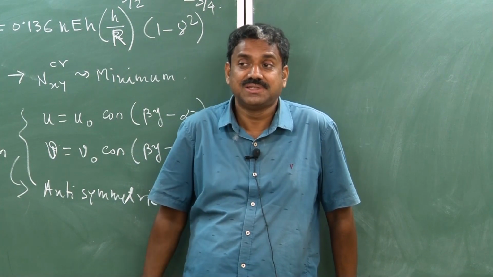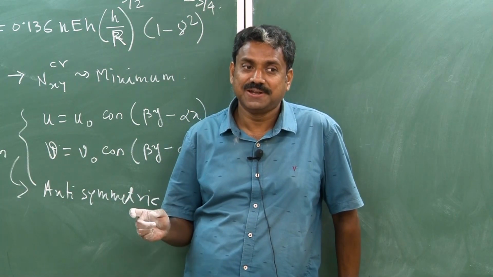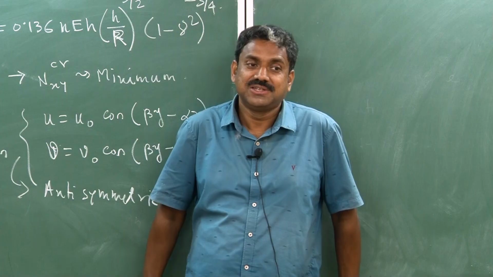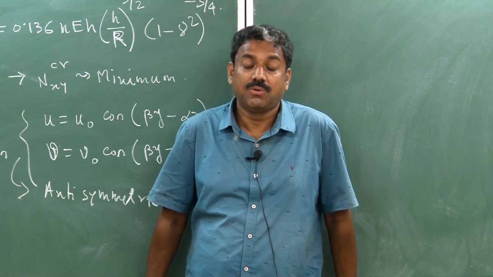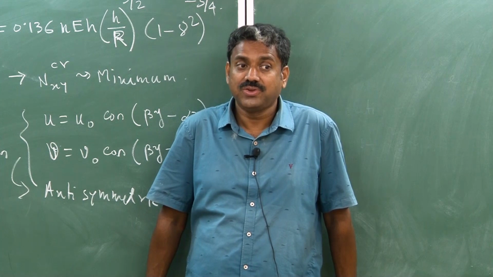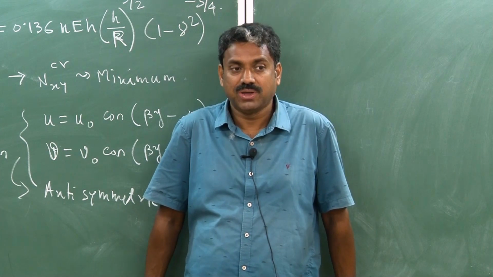But in the case in which there are huge modal interactions and multiplicity or closeness of mode, whatever we have obtained is not valid, because experimental loads are way lower than the theoretical load. So, for that we need to consider additional formulation. That is what we are going to do now.